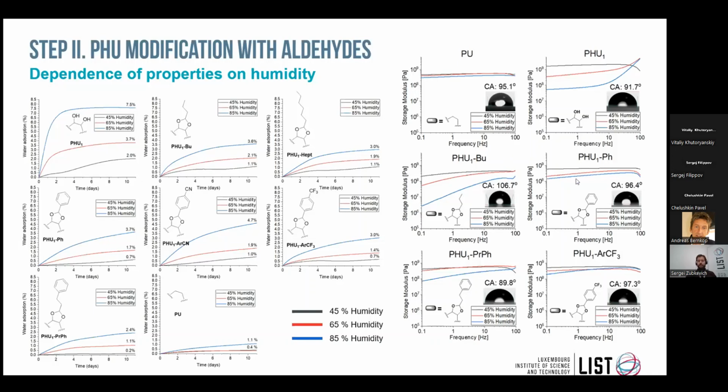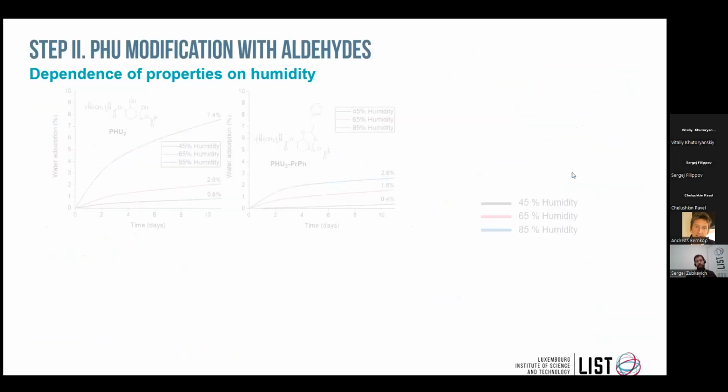But if we look at the samples modified with aromatic aldehydes, we can see that it allowed us to retain the mechanical properties under the whole range of humidities that we studied. So the decrease is much less than for the unmodified one.